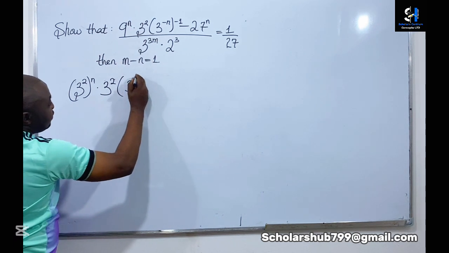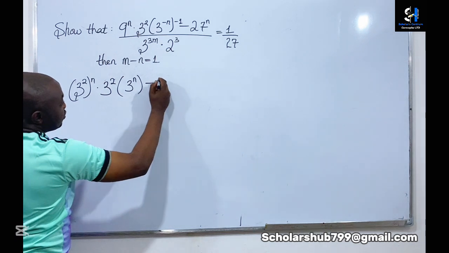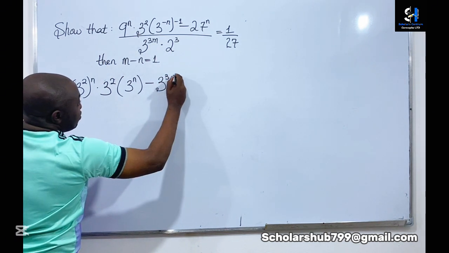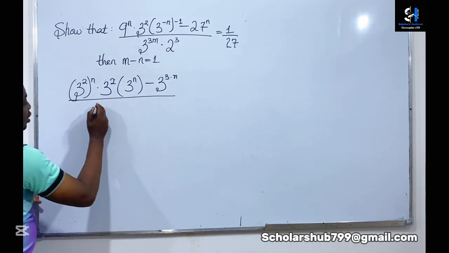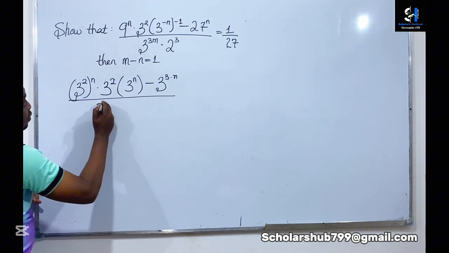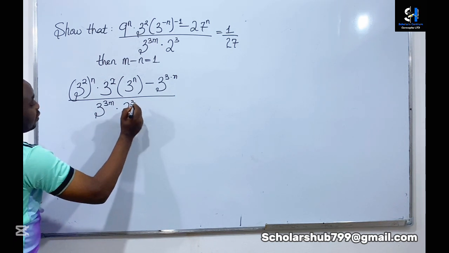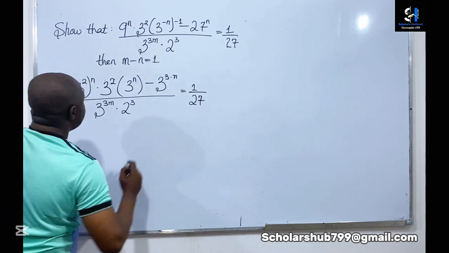That will be positive n. So we have multiplied by 3 raised to the power of n minus 3 raised to the power of 3, which is 27, then multiplied by n, all over 3 raised to the power of 3m multiplied by 2 raised to the power of 3 equals 1 over 27.